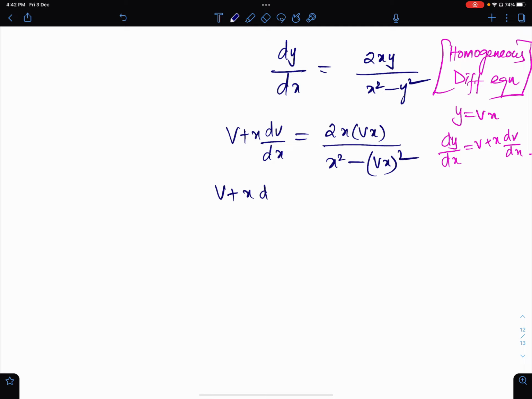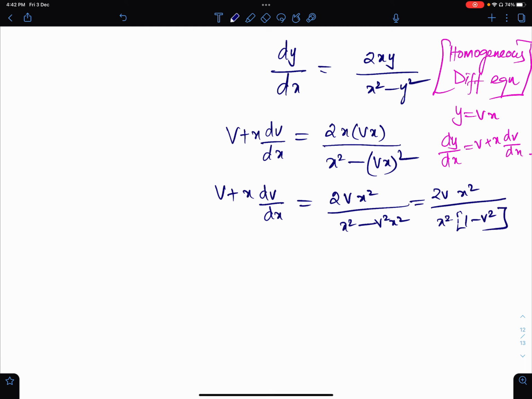v plus x dv by dx is equal to 2vx square divided by x square minus v square x square. So take x square outside. So 2v x square divided by x square, when you take it out, it is 1 minus v square. So x square and x square get cancelled. So what is the remaining?